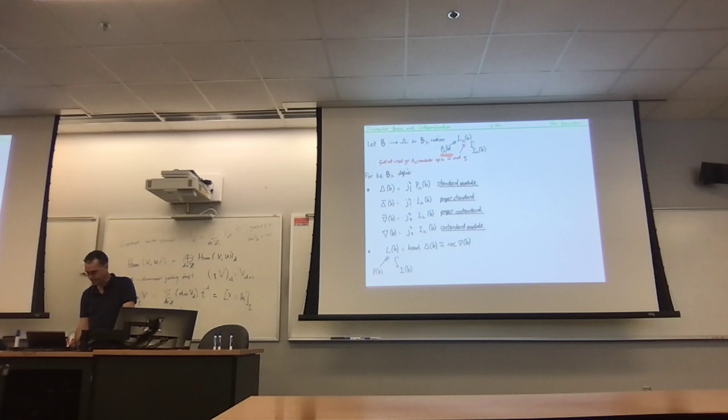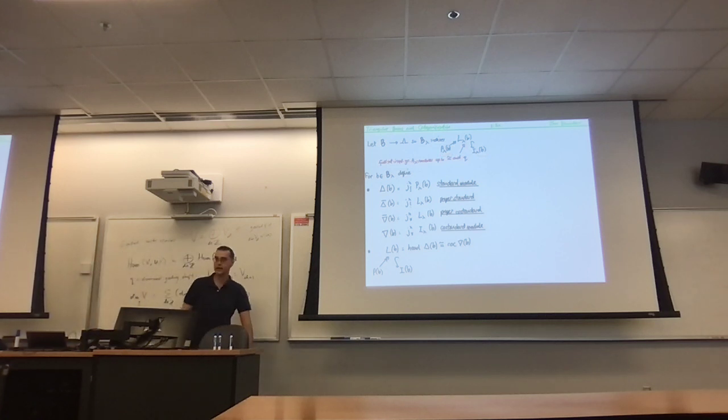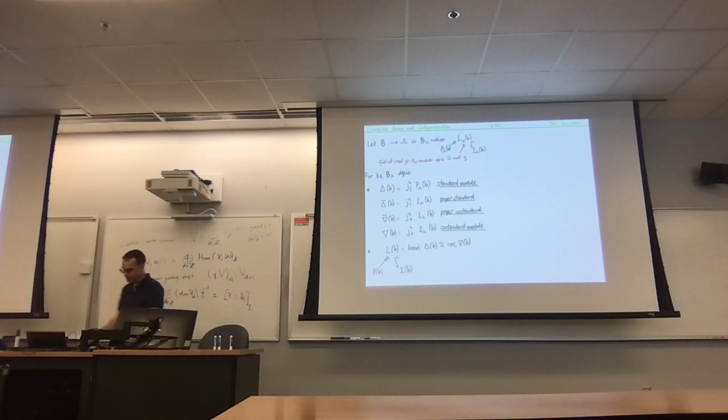And remember, P lambda of B and I lambda of B were the projective cover and the injective hull as a graded A lambda module. And then standardizing the graded projectives or standardizing the graded irreducibles gives you these standard modules and these proper standard modules.